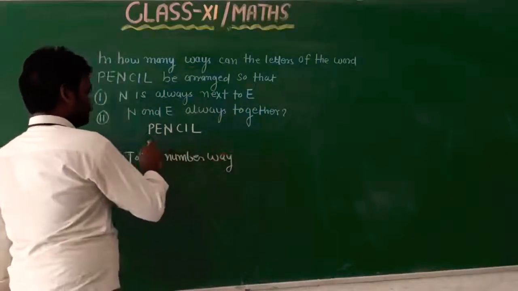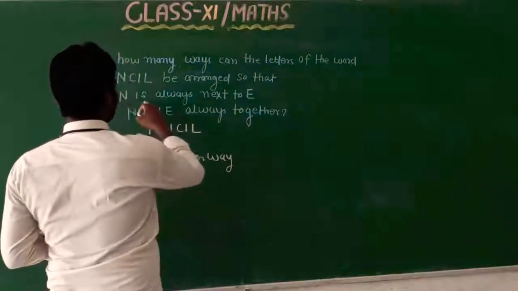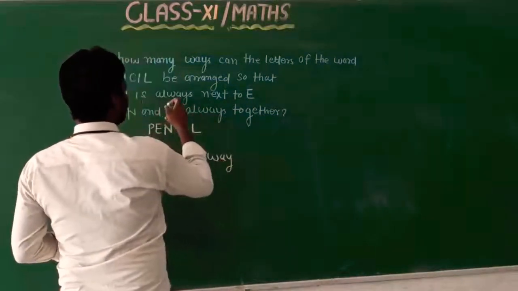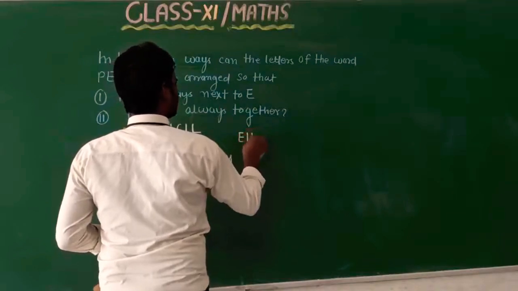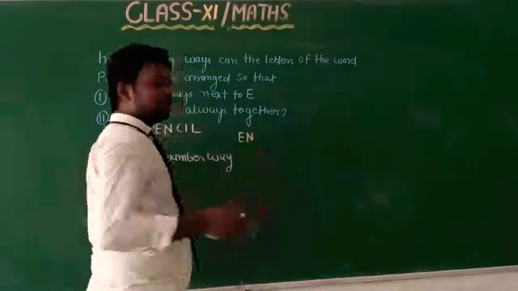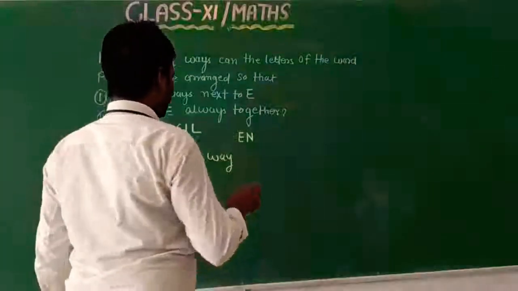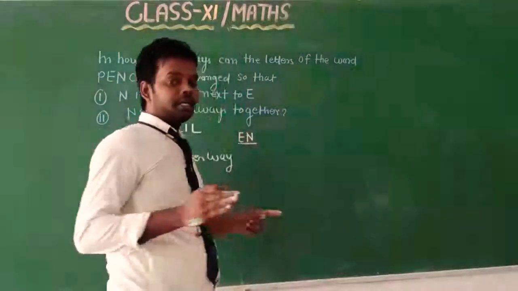Okay, first we say N is always next to E, means E N. Okay, means E N comes together in the arrangement. So we consider this E N as a single letter.